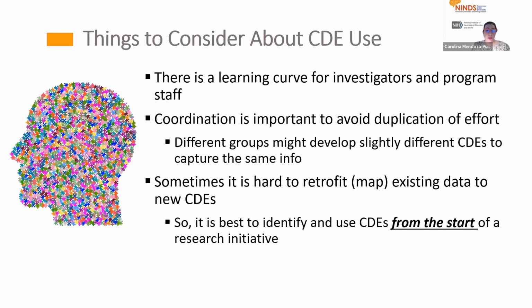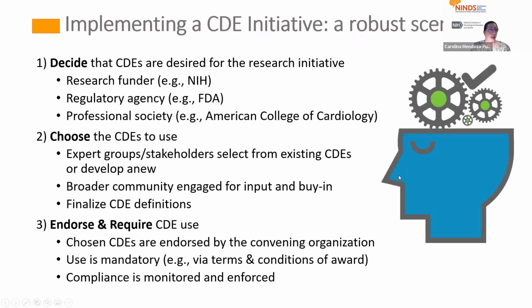I only know that this is not easy. However, depending on what your goal is, you will have to map that existing data into new CDEs, or map the existing CDEs, etc. But it is possible to do. So bottom line is identify the use of CDEs from the get-go of your research initiative. And I'll tell you more in the next one.